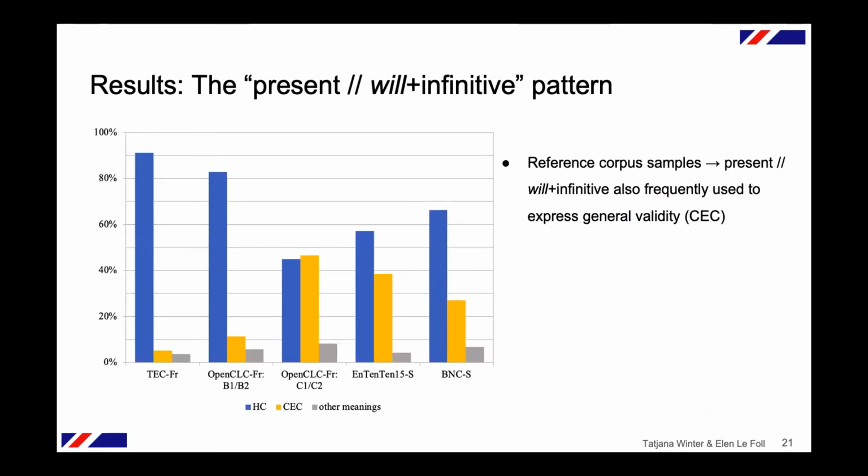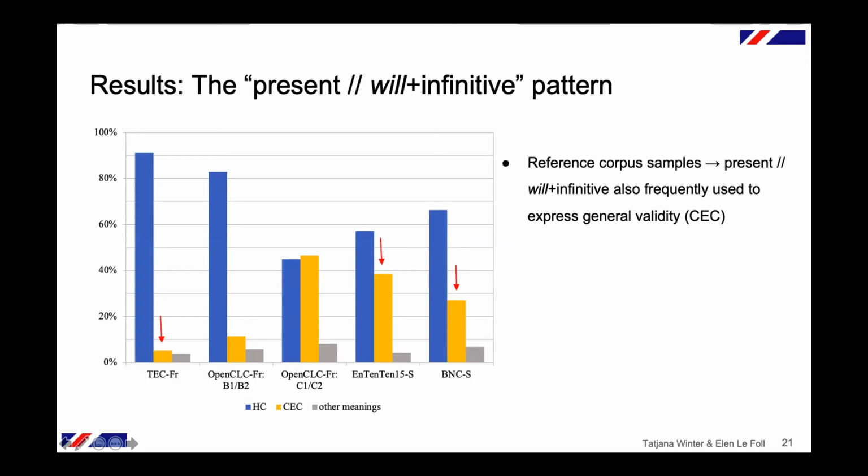So if we look only at the if conditionals with this pattern, present and will infinitive, we find those are the yellow bars that in our reference data, quite a few of them actually refer to general statements. So course of event conditionals here, very few in the textbooks. And when we looked at the learner data combined, it was somewhere in between.